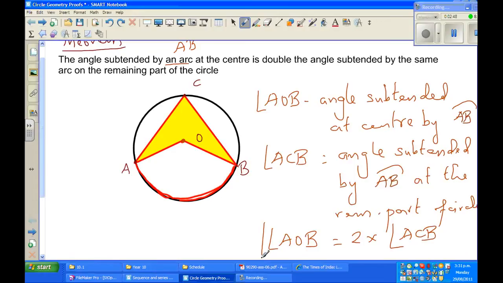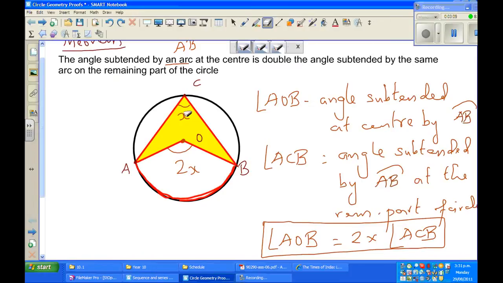This is what we want to prove. That is what the statement is trying to tell you, that if this angle is x, this angle would be 2x. That means if you take an example, say if this is 60 degrees, we have to prove that this is 120 degrees.